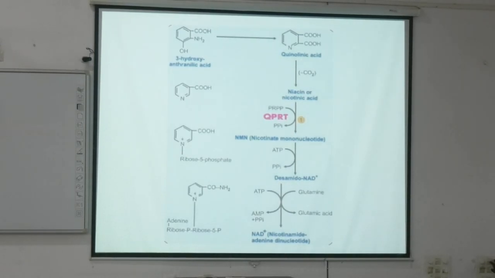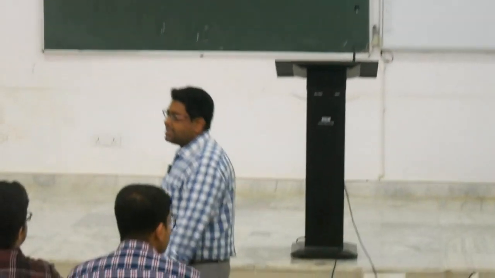Quinolinate phosphoribosyltransferase will give you NMN, nicotinamide mononucleotide, put an ATP, dinucleotide, and then finally you will get NADP. So NADPH we get from the HMP shunt. Where do you get NADH from? The quinolinate pathway of tryptophan.